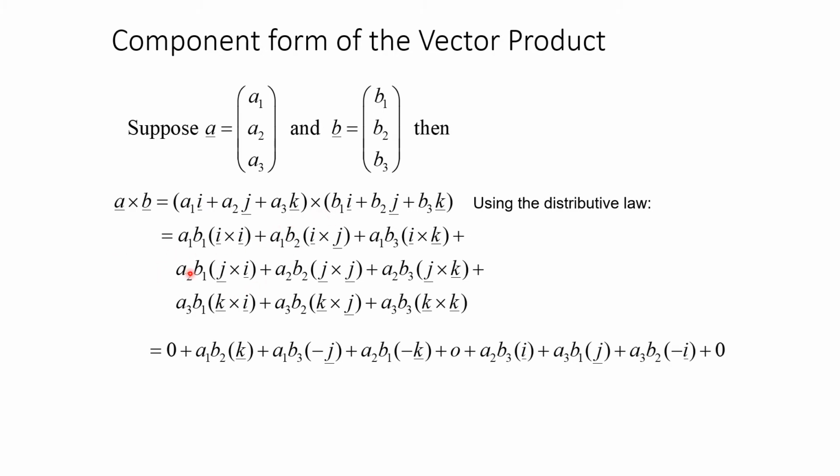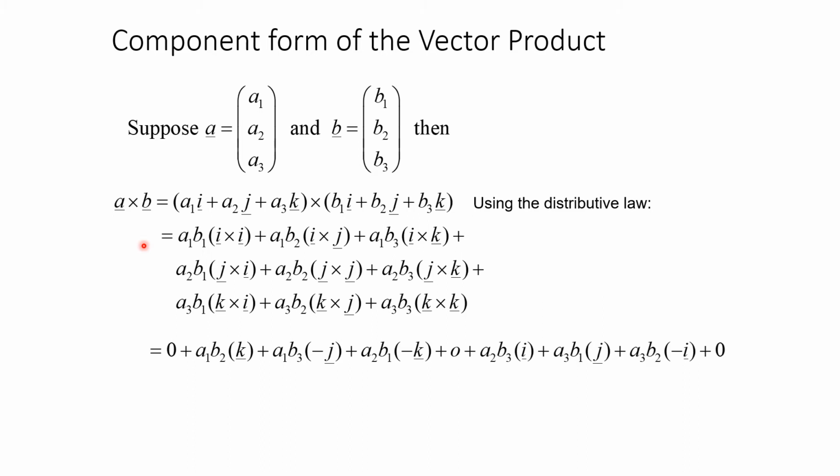You'll have 9 different components, and remember the diagram I showed you just now. You can identify what i times i, i times j is, whether it's positive or negative, and what the resultant is. I'll show you the first line. I times i will simply be 0 because the angle between the two is 0.